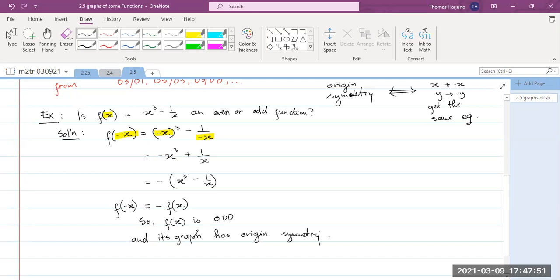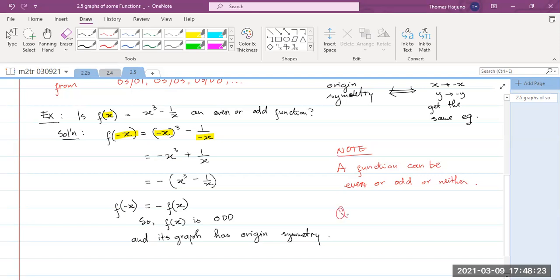Okay, now let me put it as a note. A function can be even or odd or neither. And actually, it's a challenge.